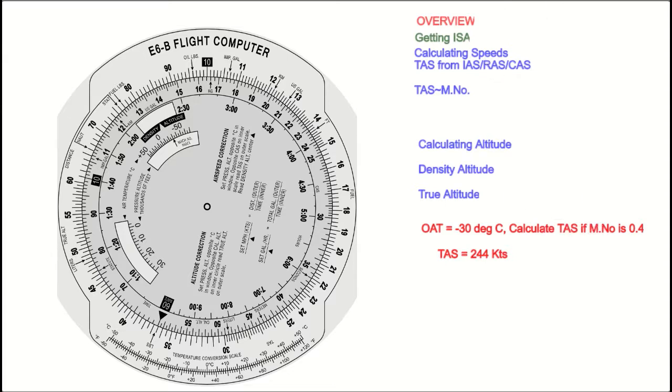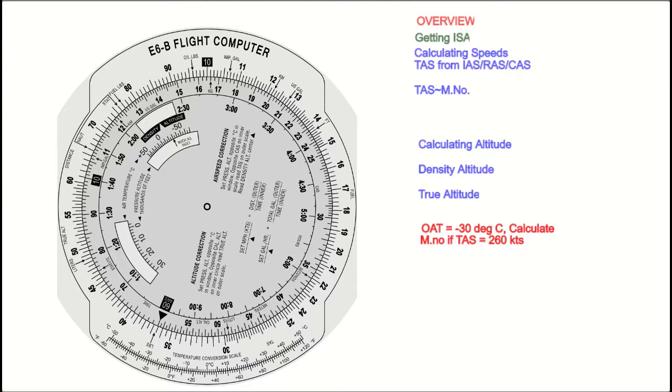For this example, if I was asked to calculate Mach number if TAS is equal to 260 knots, everything remains the same.